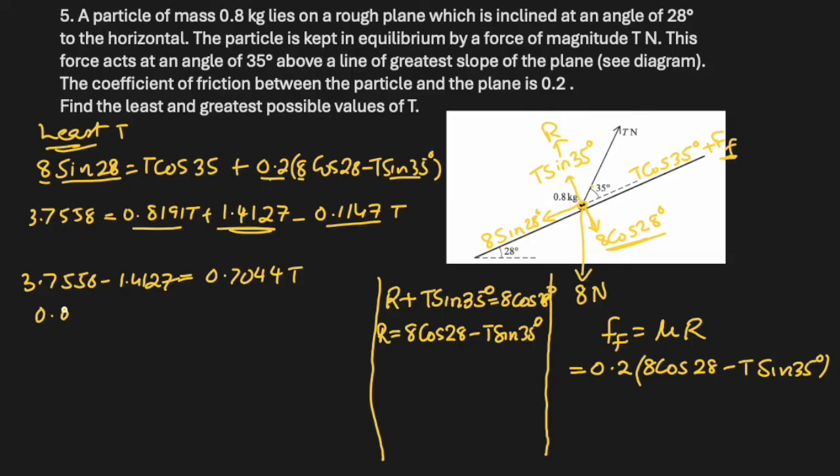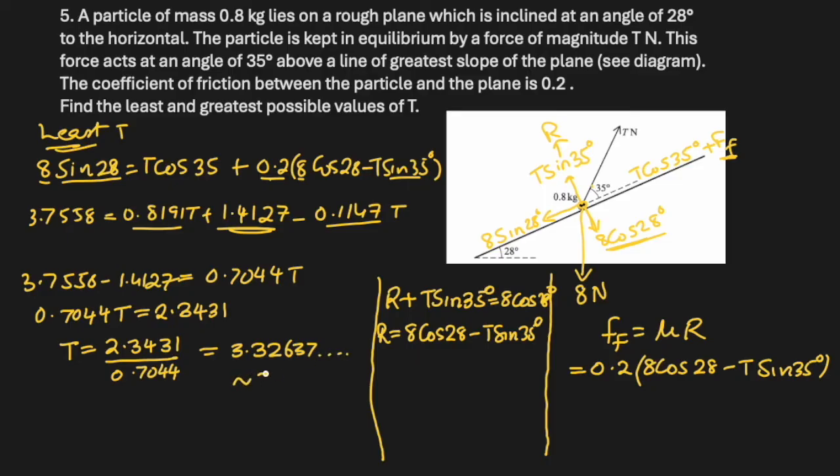So that is 2.3431 equal to 0.7044 T. So T is 2.3431 divided by 0.7044, which comes out to be 3.32637, which is about 3.33 newtons.